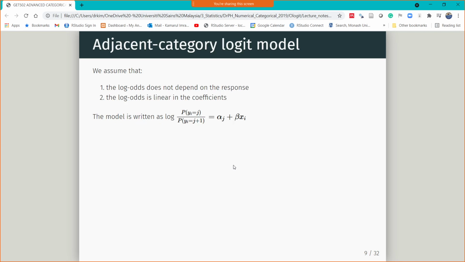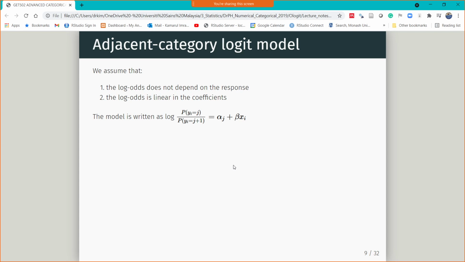In the adjacent category logit model, the log odds does not depend on the response, and the log odds is linear in the coefficients. So when you write the model, you write it as the log of probability of Yi equal j over probability of Yi equal j plus 1.